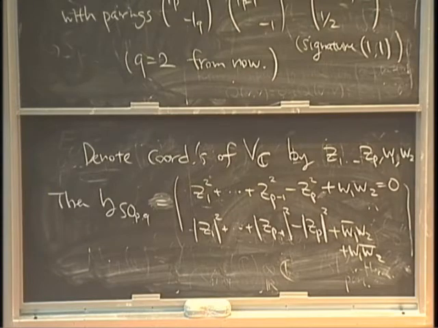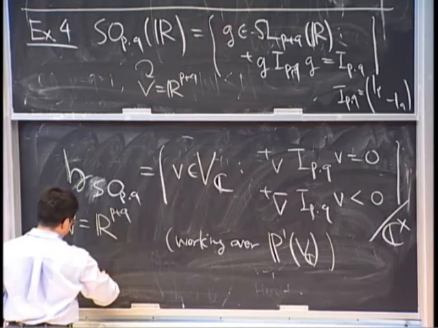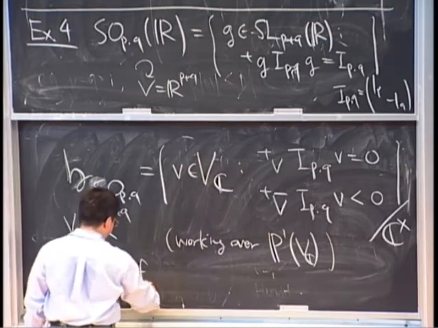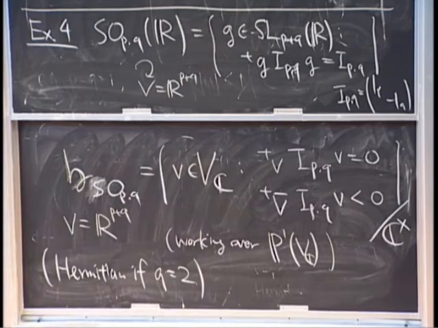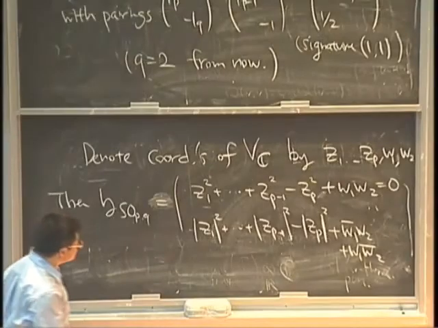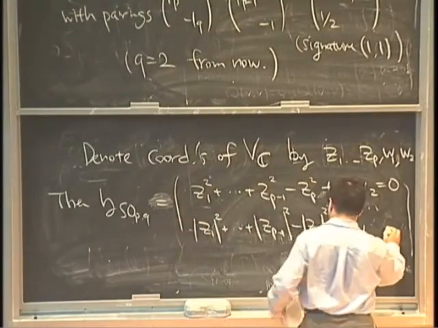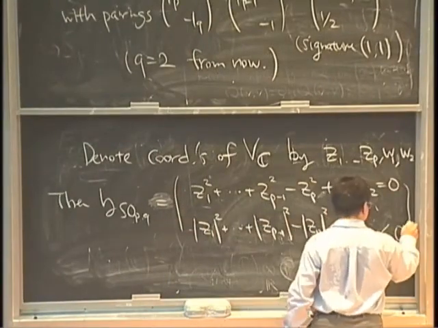So to be fair, I didn't really say what this is, right? So in fact, this one is not Hermitian unless Q equal to 2. And in some sense, I'm trying to explain that over here. Sorry about that confusion. This one is now negative. Okay.